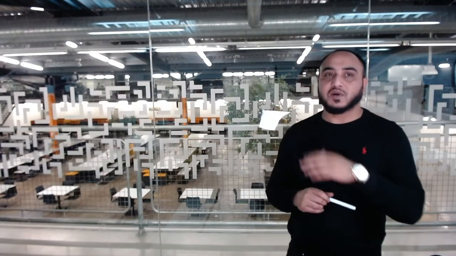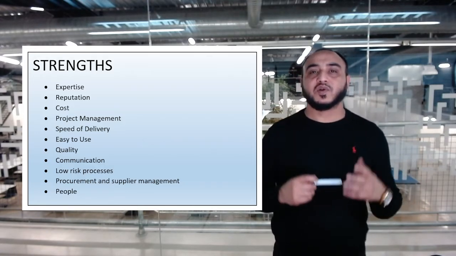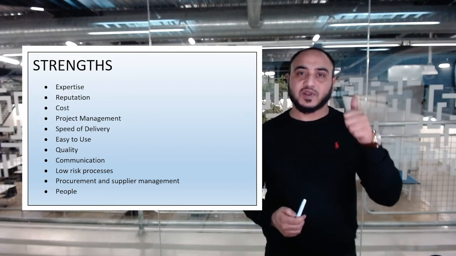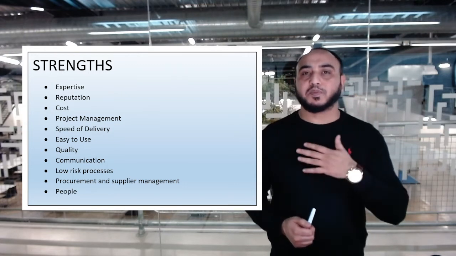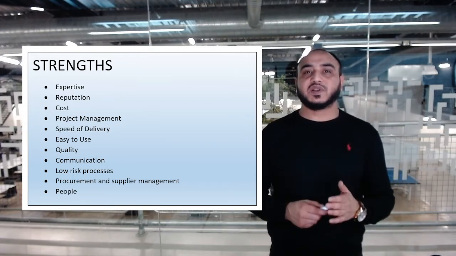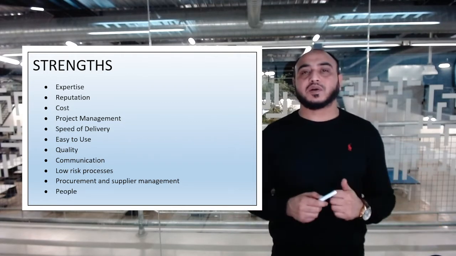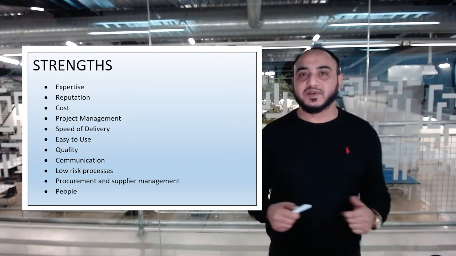So in the first box, where is strength, you look at the strengths that you have. If you're doing this from a personal point of view, what are your personal strengths? If you're doing this from a business point of view, what strengths does your business have?